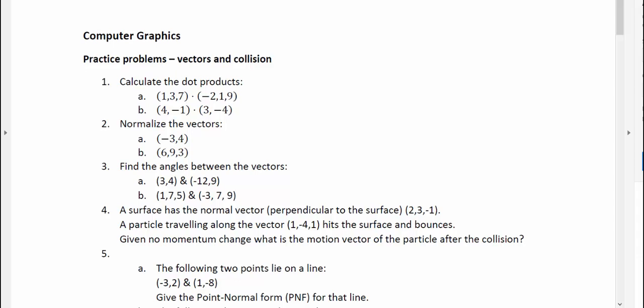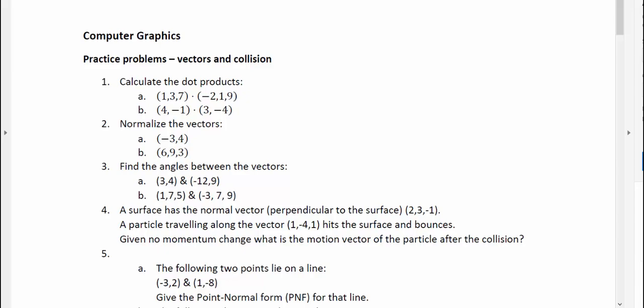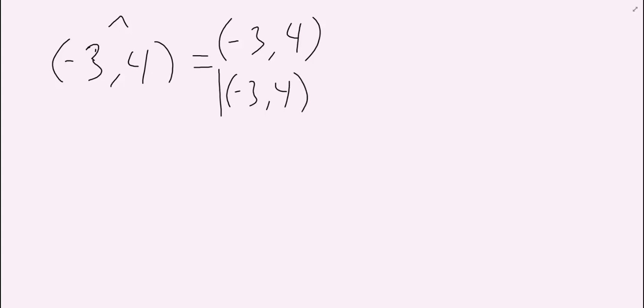Number 2, normalize the vectors. A: (-3, 4). (-3, 4) normalized equals (-3, 4) divided by the length of (-3, 4).